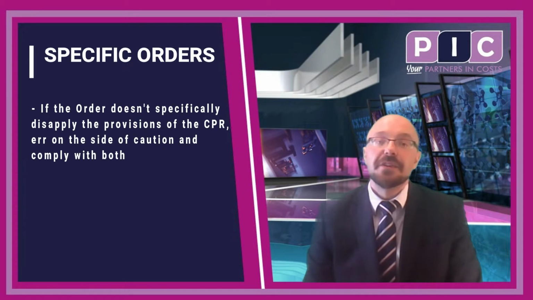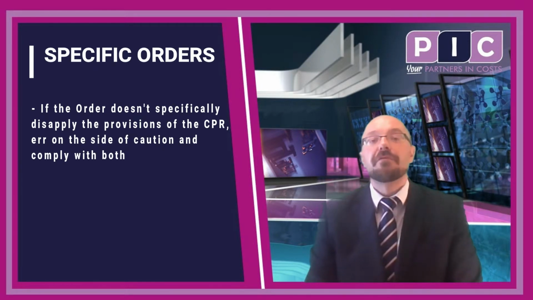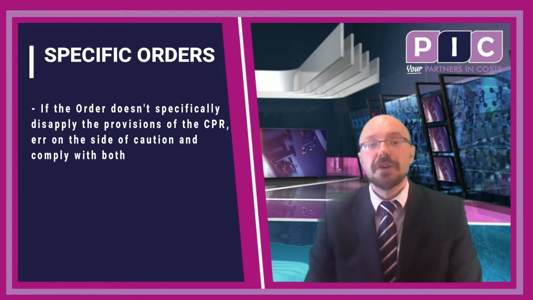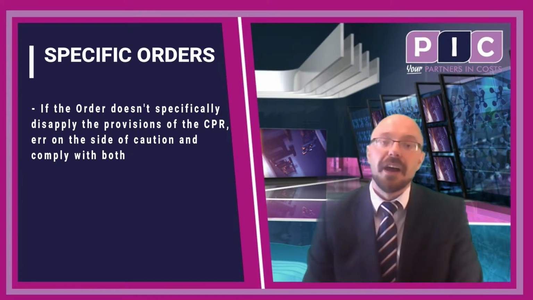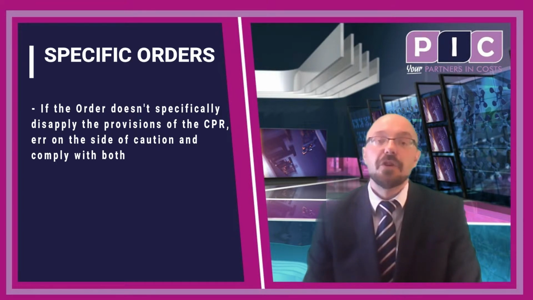I suggest that you comply with both requirements, i.e. that under the order and also that required by the civil procedure rules, because it's not always clear that they are necessarily the same thing, and for the sake of a little more work, it's better not to run the risk of falling foul either of the order or of the rules.